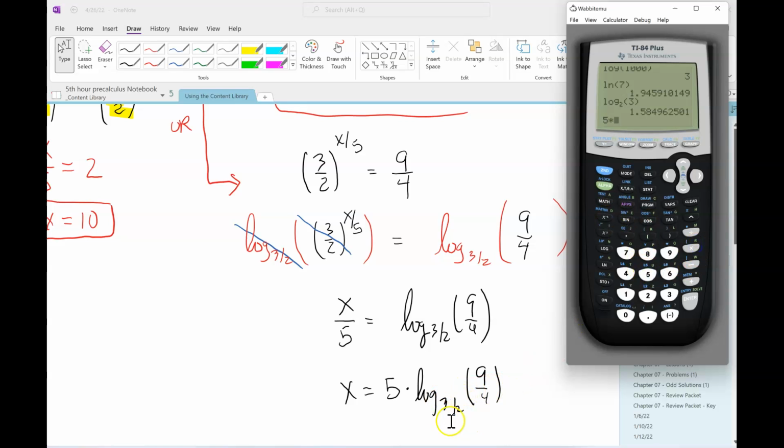Remember, to type in a logarithm of the base of your choice, you press the math button and scroll all the way down till you find the log base command. That allows you to type in whatever base you want for your logarithm. And it's 10. Same thing that we got before, right?